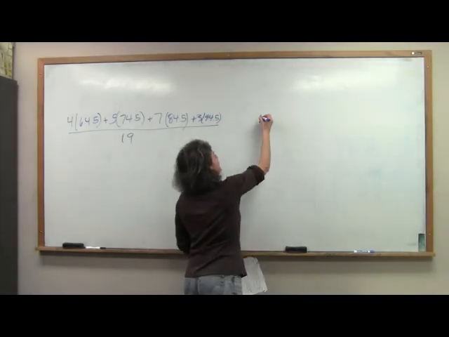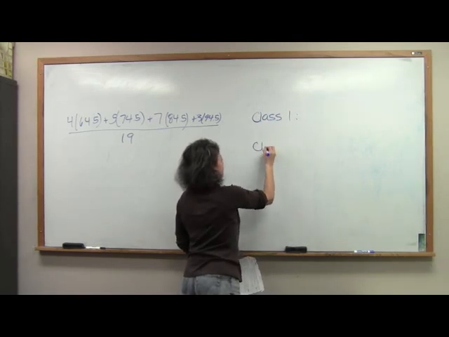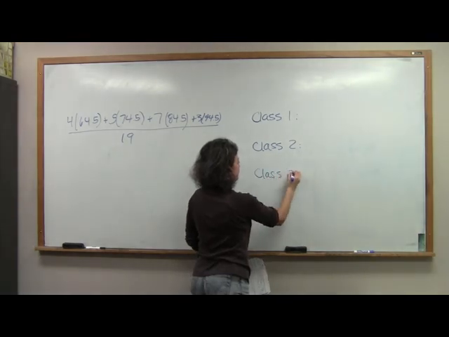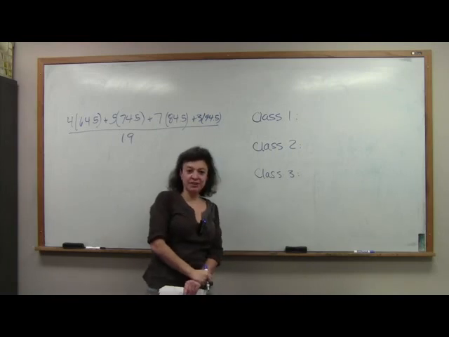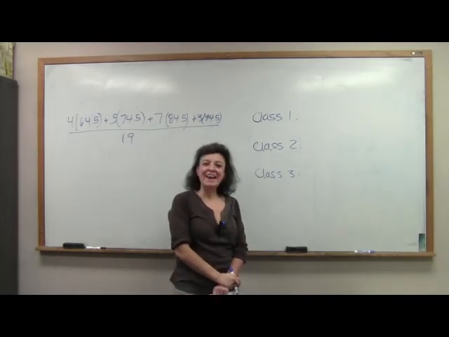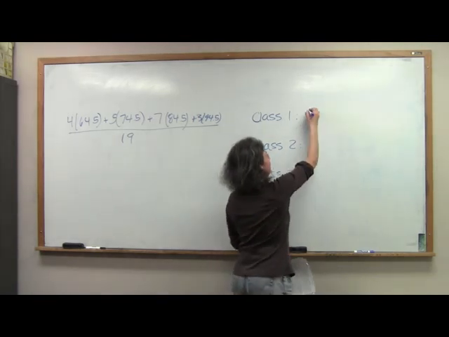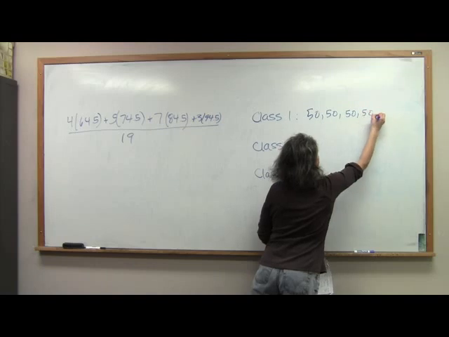For example, suppose I had 3 classes. Okay, and suppose each of my classes just had 5 students and they all took a test. Suppose in my first class, all 5 students scored a 50.